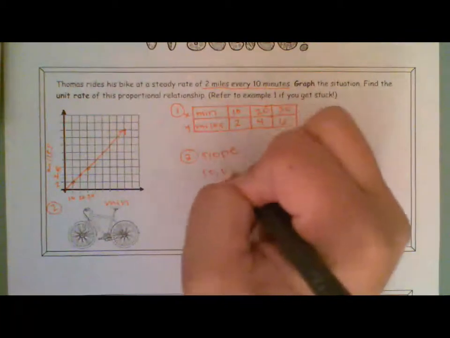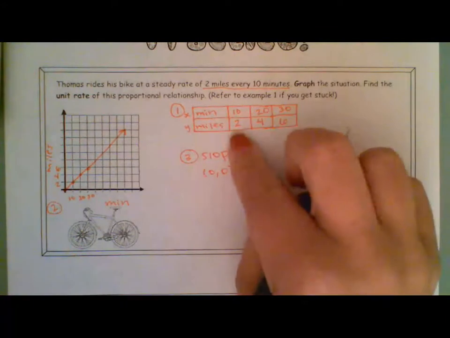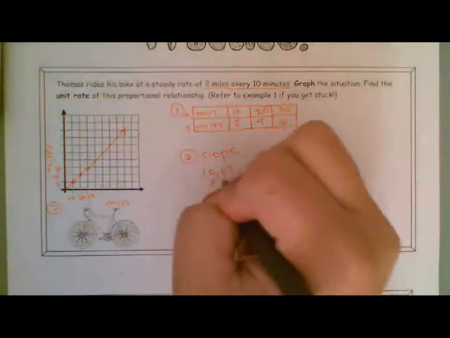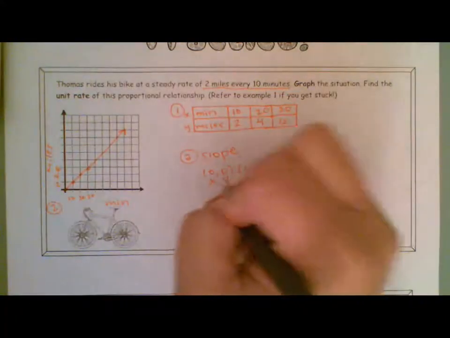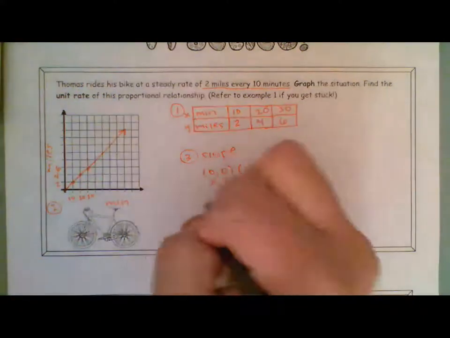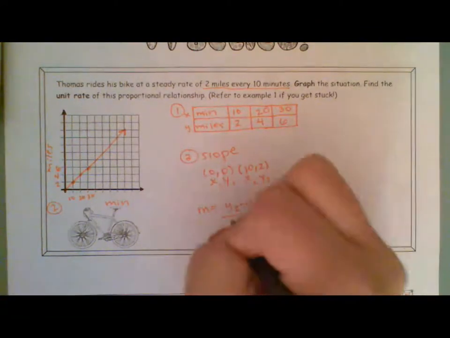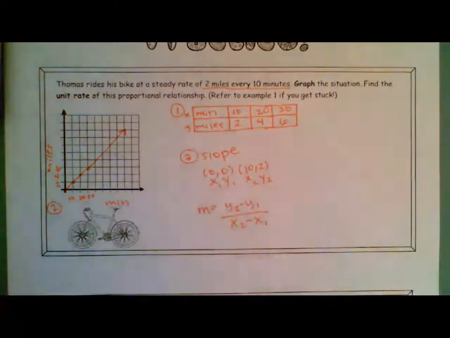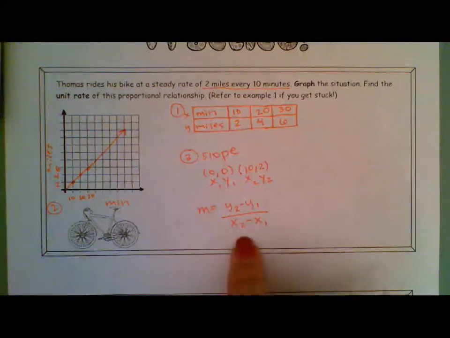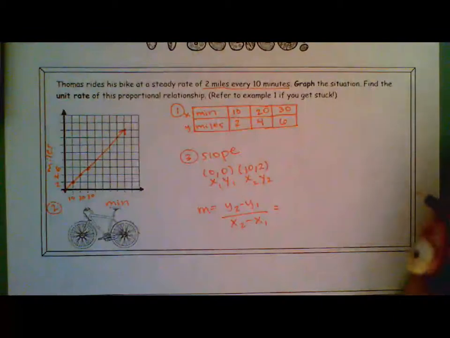So I'm going to use 0, 0, and I'm just going to use 10, 2 because that's the first point. I'm just going to use this one. So x1, y1, x2, y2. Okay, remember it's m equals y2 minus y1 over x2 minus x1. You don't have to memorize that because they give that to you on the EOC, but you're going to use this for the rest of your high school career, so it doesn't hurt to kind of just remember it.